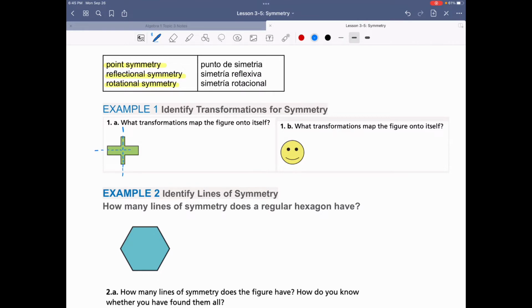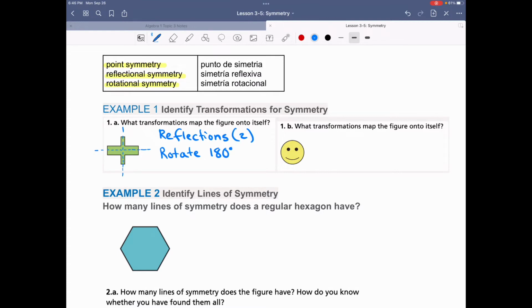We could also reflect it onto itself horizontally. So reflections, and there are two. You could also rotate the figure 180 degrees. And it would come upon itself.